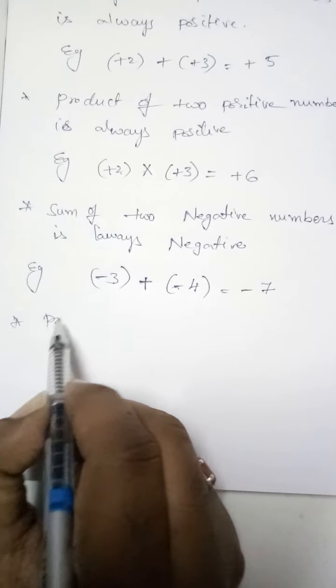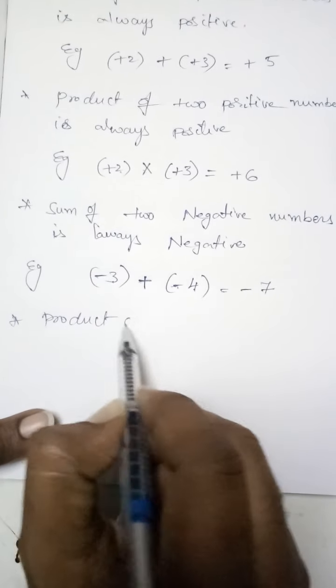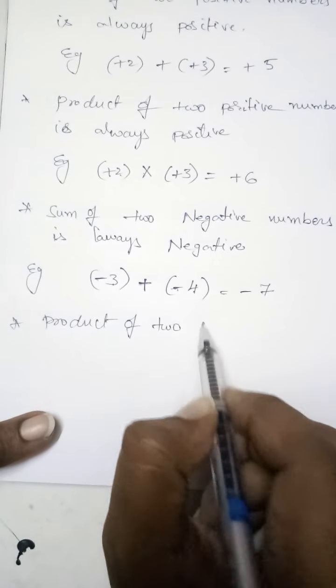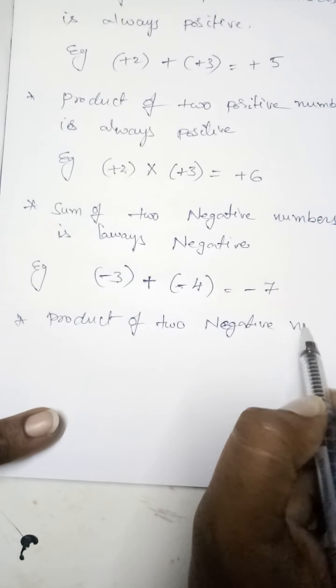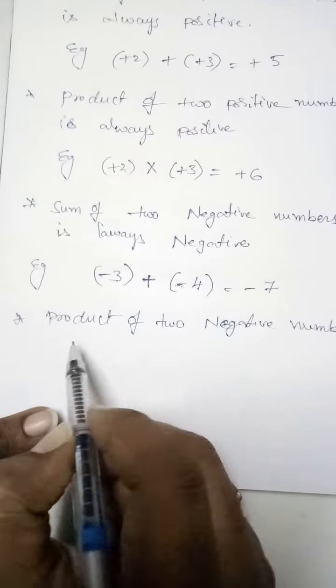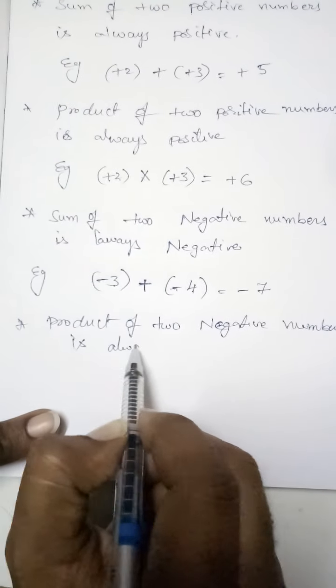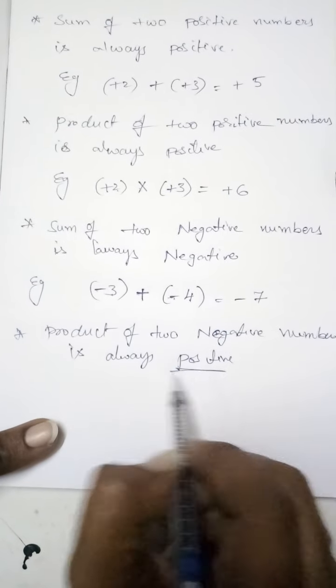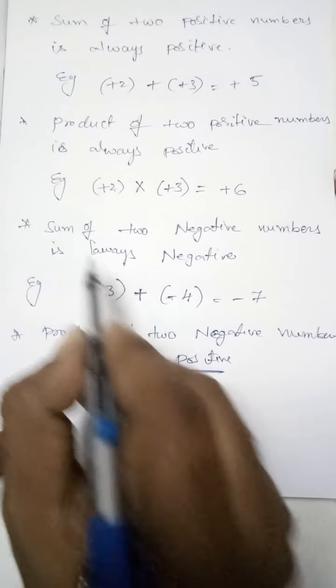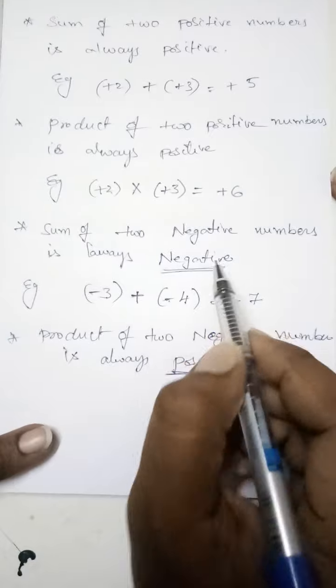And same way, product of two negative numbers is always positive. Okay, product of two negative numbers is always positive, sum of two negative numbers is always negative.